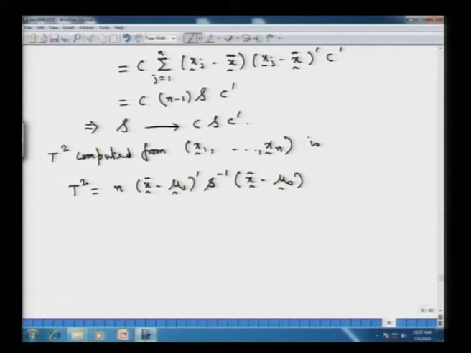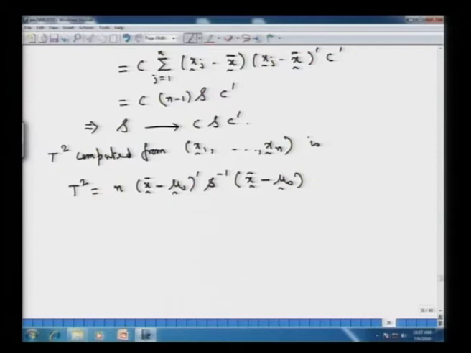We have seen this time and again: this is Hotelling's T square when we are looking at x1, x2, ..., xn, n observations from a multivariate normal distribution, for testing the null hypothesis mu equal to mu naught against mu not equal to mu naught.